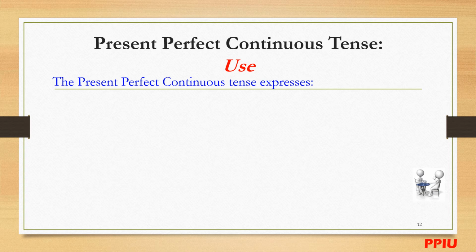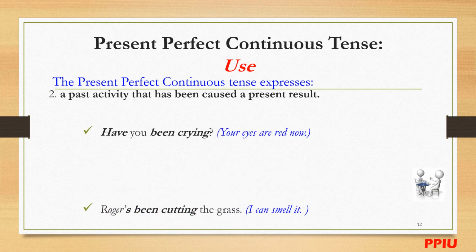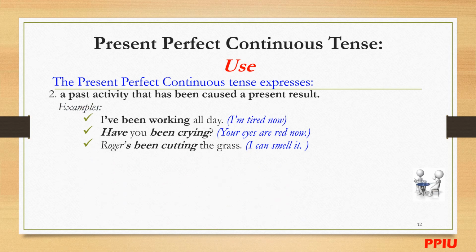The present perfect continuous tense expresses, okay, number two, a past activity that has caused a present result. For example, I've been working all day.